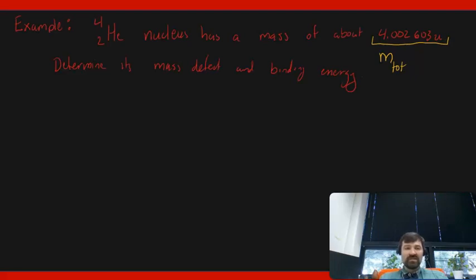To get the mass defect, delta M, which gives the binding energy delta E, delta M is Z times the mass of a proton plus N times the mass of a neutron minus M total.